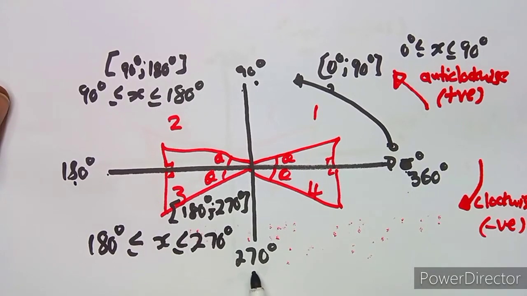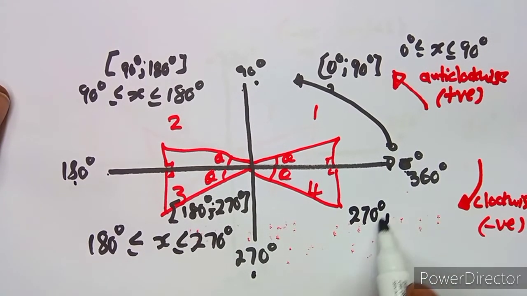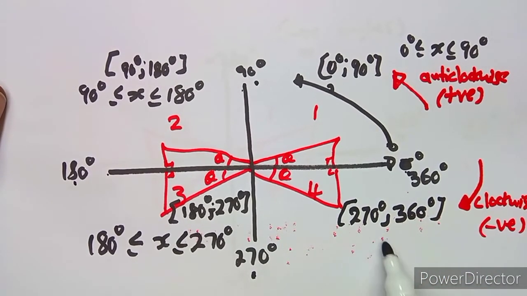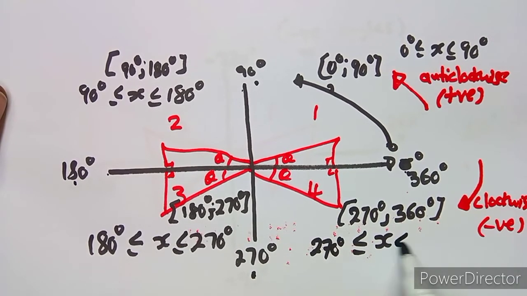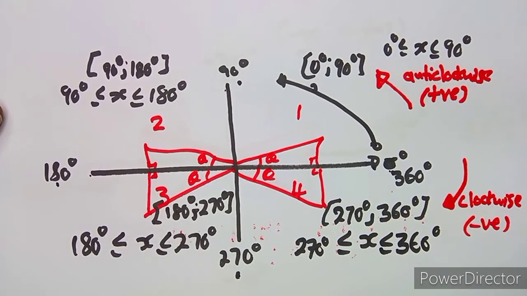The same in this quadrant is from 270 up to 360. So you can write it like this: 270 up to 360 degrees. These are the values of x, or your x is greater than or equal to 270 degrees, but less than or equal to 360 degrees. So each and every quadrant is going to have a condition like this. So given a condition like this, how can we apply this information?